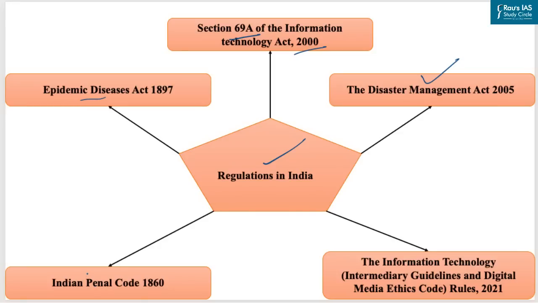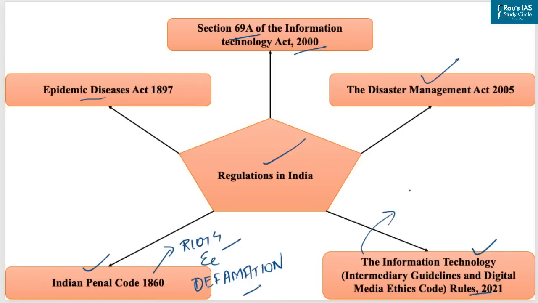Next is the Indian Penal Code 1860, which deals with fake news, specifically causing riots and defamation cases. Then later, the government came up with the Information Technology (Intermediary Guidelines and Digital Media Ethics Code) Rules 2021 to regulate content by online publishers of news and social media intermediaries.